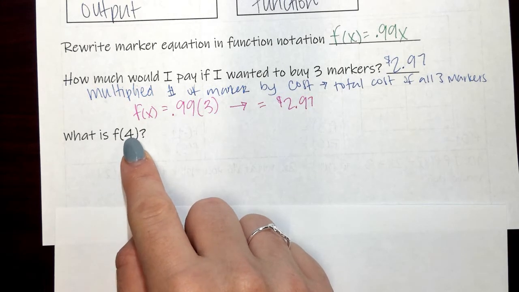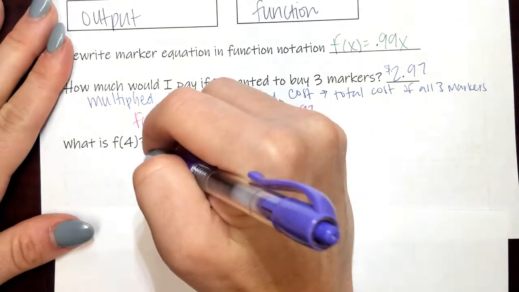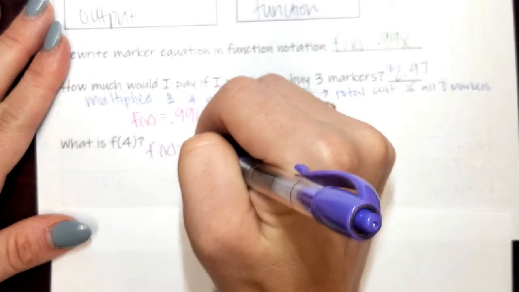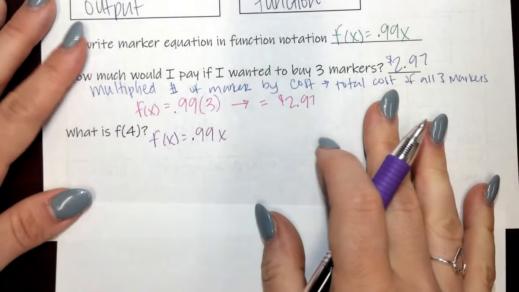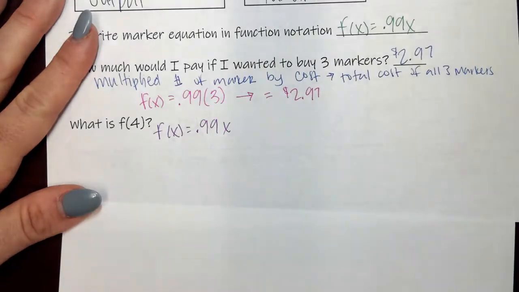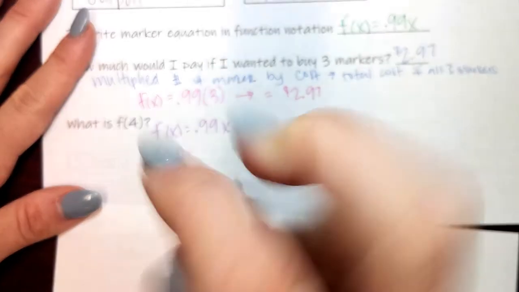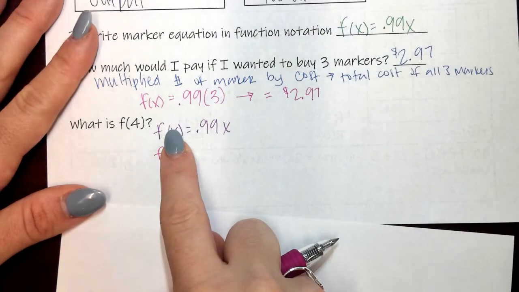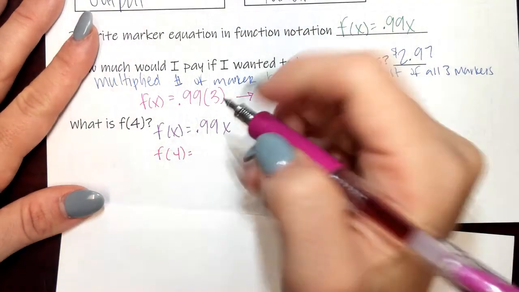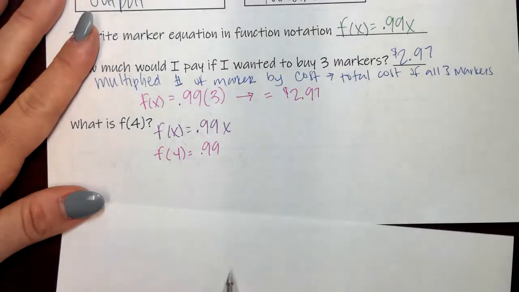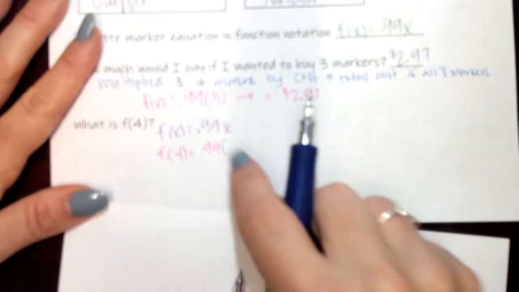So we're just doing that same thing. We're taking f of x equals 0.99x, and since now this is f of 4 instead of an x, instead of an x here, we're going to put that number there.